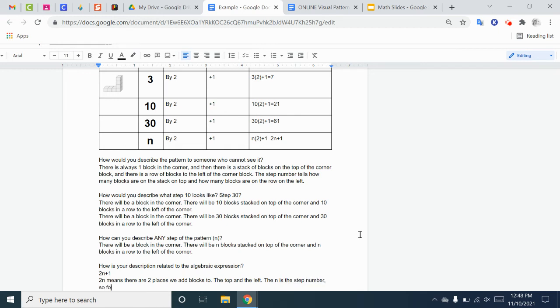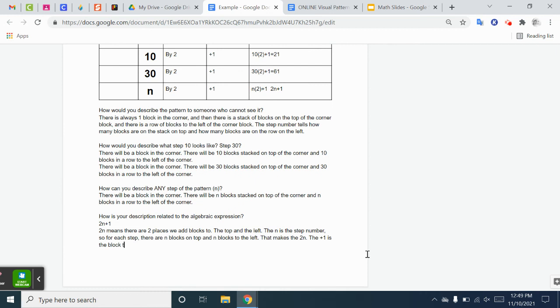So for each step, there are n blocks on top and n blocks to the left. That makes the 2n part. Then the plus 1 is the block that is always in the corner.